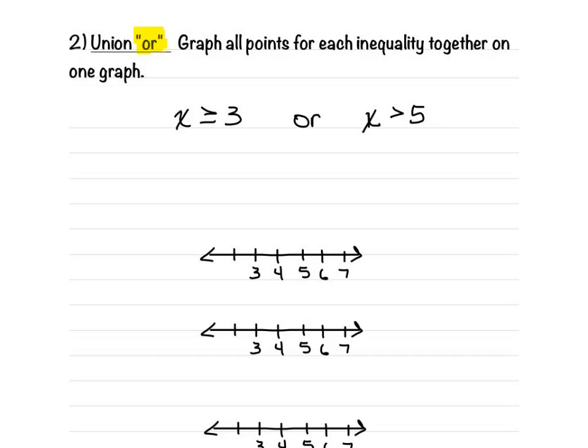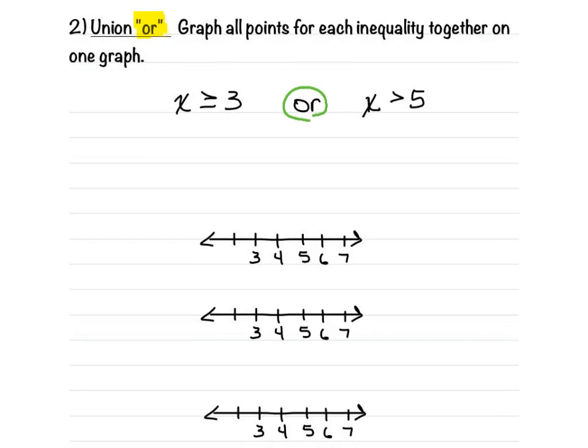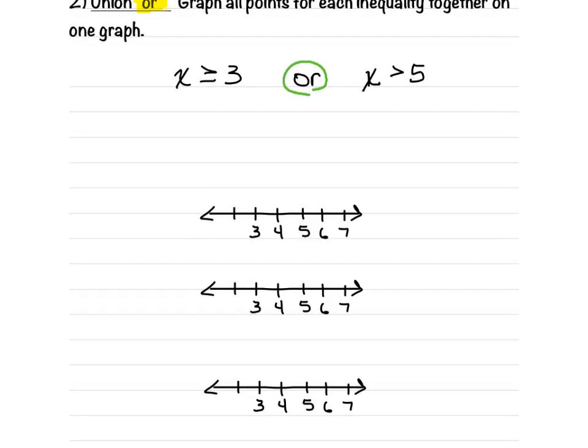Everything goes. You shade everything for one inequality and everything for the other inequality, together on one graph. When you see an "or" inequality, it'll always have the word "or." There's no guessing. So here's an inequality: x is greater than or equal to 3, or x is greater than 5.